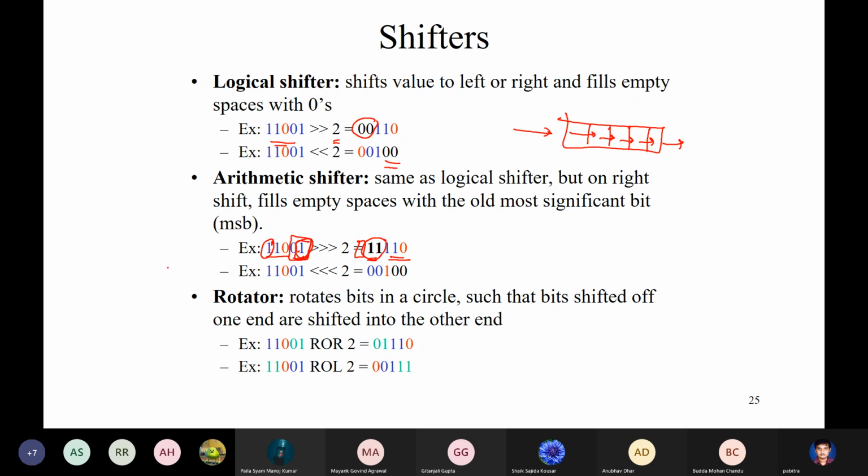Let's see what happens in the left shift. So this 001 is shifted. But why do we have a 00 here? Instead of filling up the empty space with 00, I would fill it up with the earlier MSB.